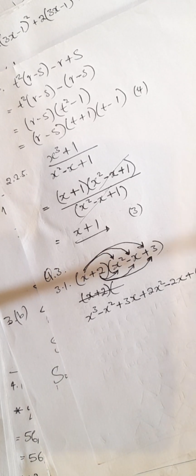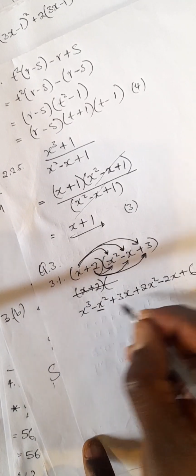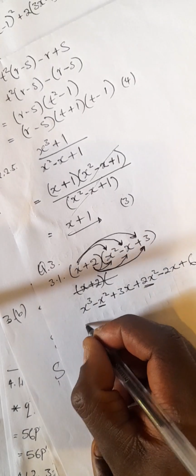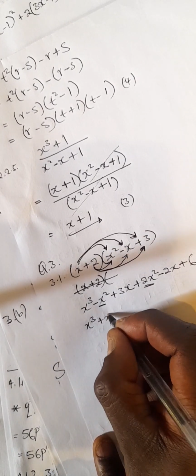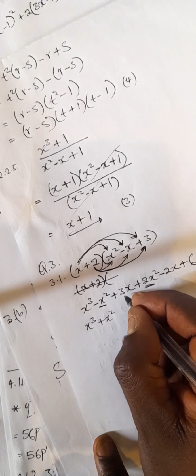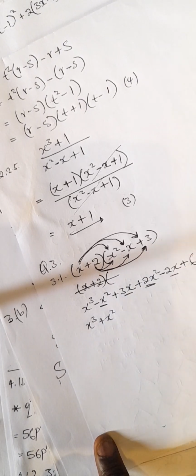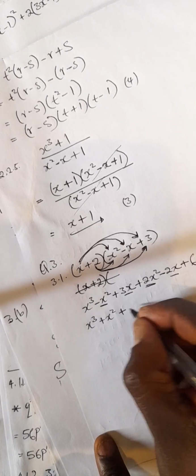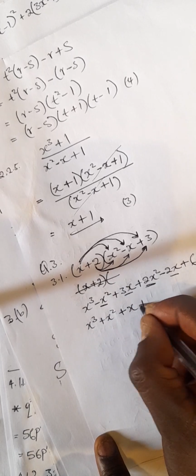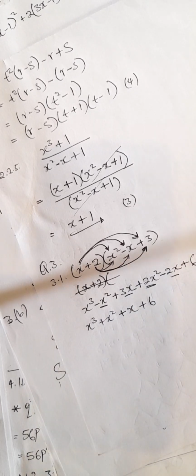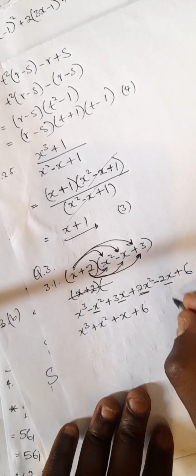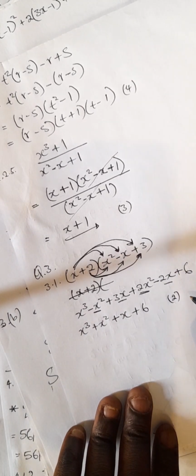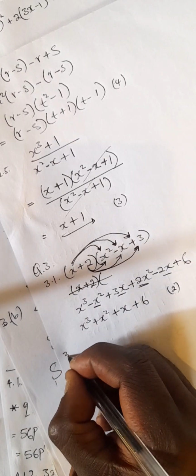So, like terms, you have x cubed plus x squared plus x plus 6. So that's the simplification for 2 marks. That's it for 2 marks.